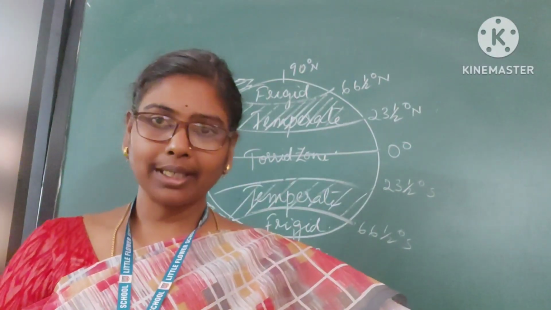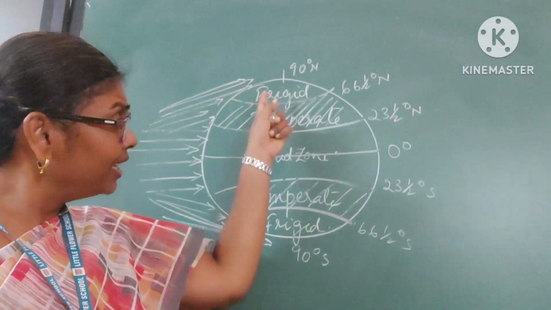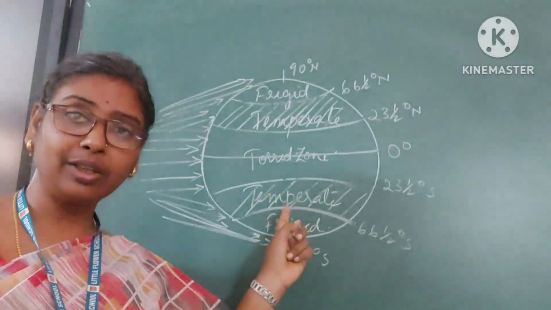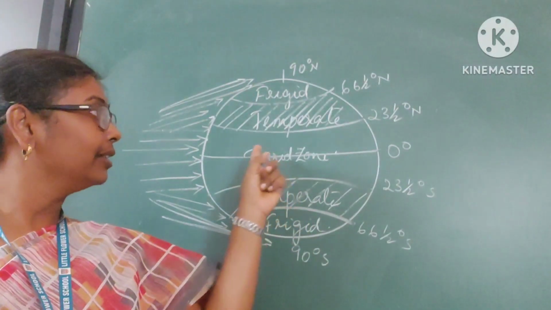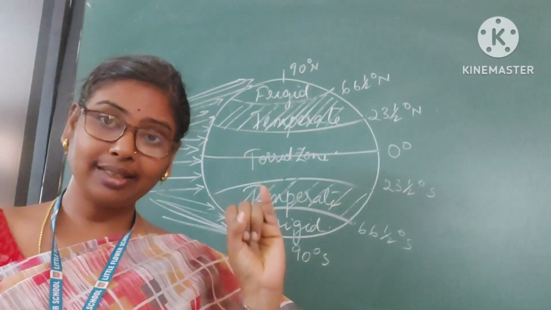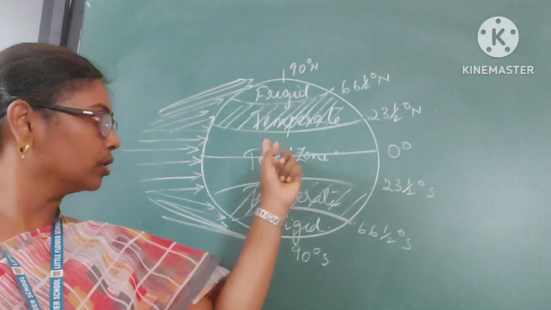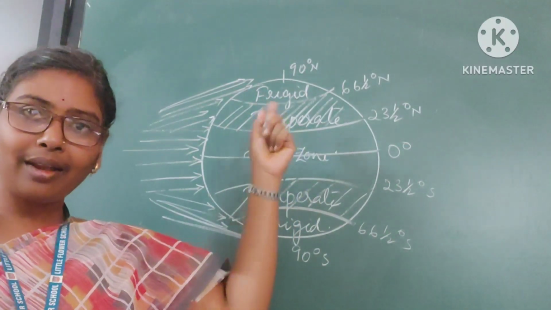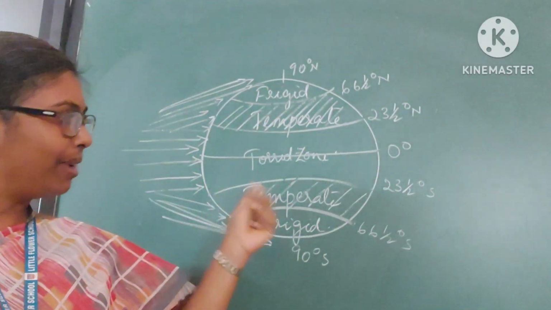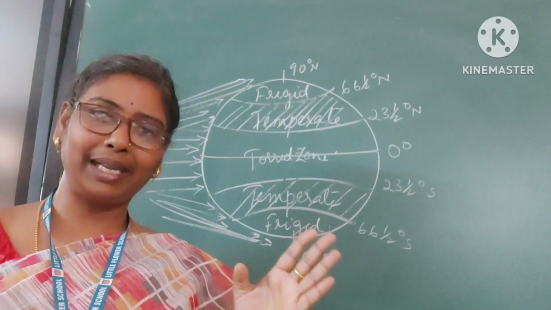Now let us see what is the importance of latitudes. Now we have seen that these 5 latitudes divide the earth into 3 heat zones. So this is one main importance: torrid, temperate and frigid zone. So on the basis of latitude only we can know the temperature of a place.